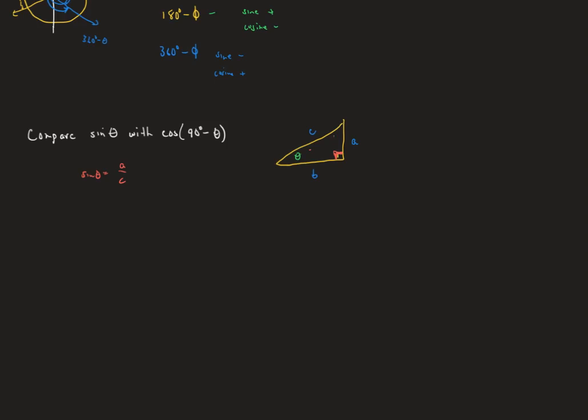So if that's 90, then this angle must be 90 minus theta. The cosine of 90 minus theta is the adjacent over the hypotenuse, which is a over c. It's not a coincidence. The sine of an angle and the cosine of its complement are always equal to each other. All right, very good.